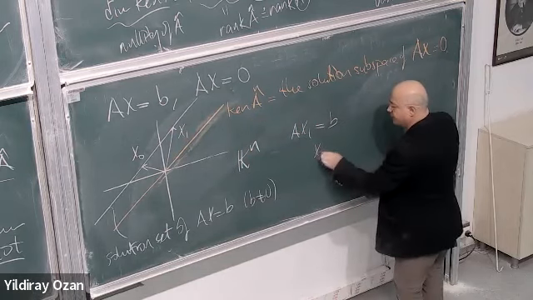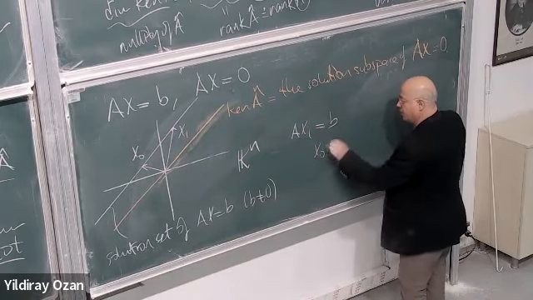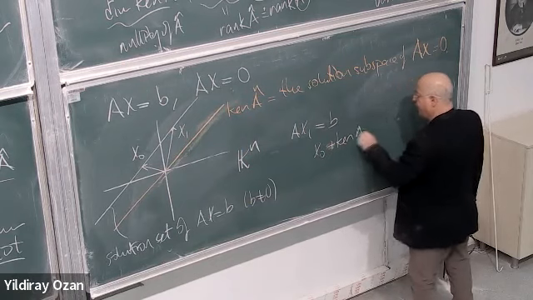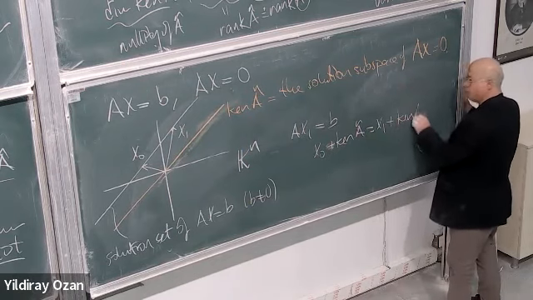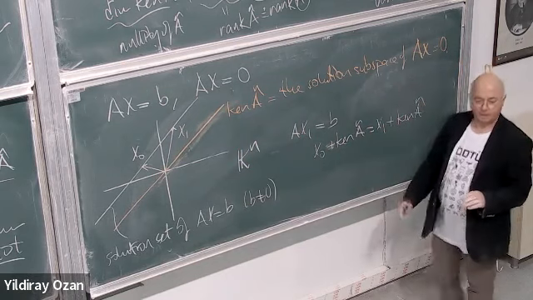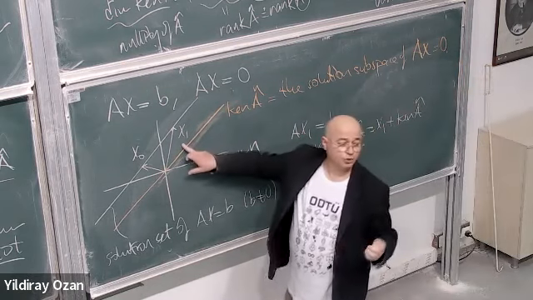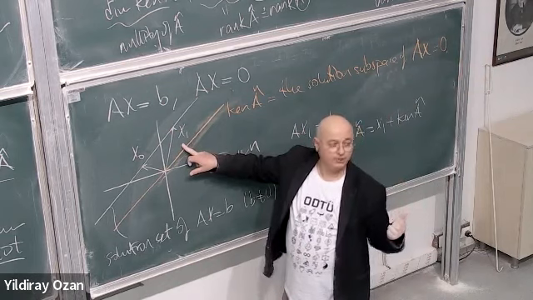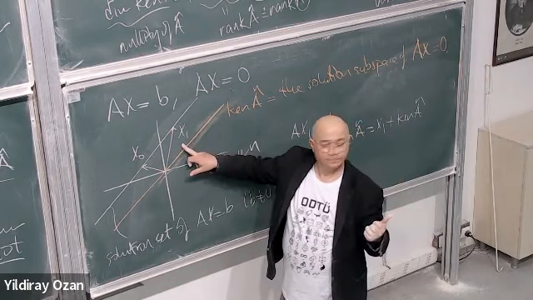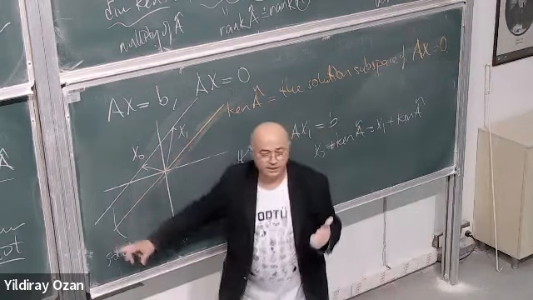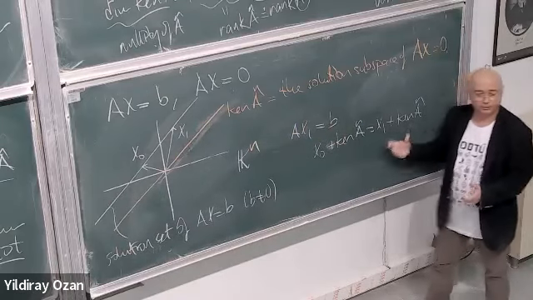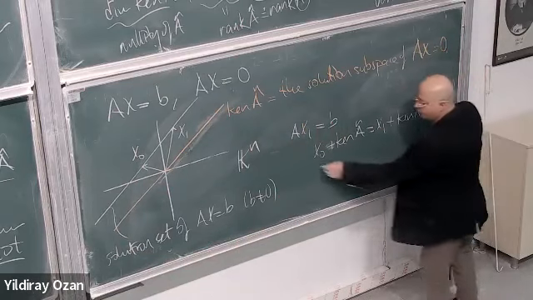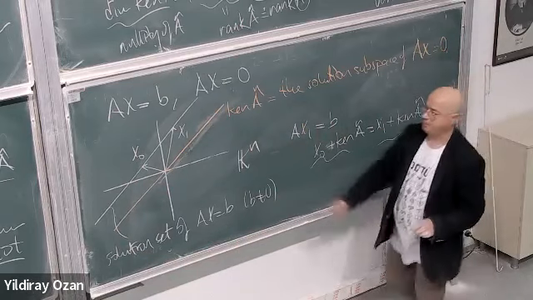So then x0 plus kernel of A is the same as x1 plus kernel of A. So if you choose a different particular solution, again the solution set remains the same. So you may get different representatives, but the solution set, which is this set, is the same.